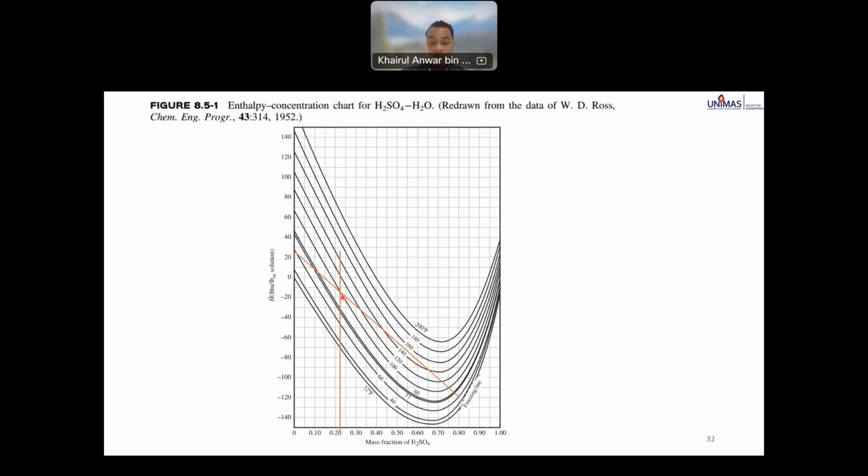The line between x equal to 0, T equal to 60 degrees Fahrenheit, and x equal to 0.8, T equal to 60 degrees Fahrenheit, passes through a temperature maximum roughly at x equal to 0.58, or 150 degrees Fahrenheit.